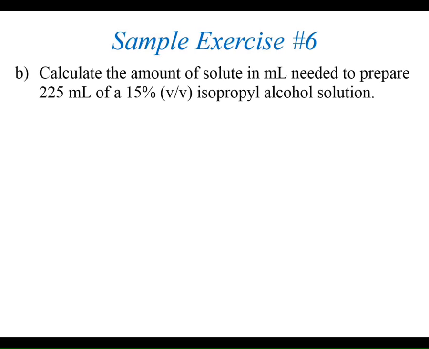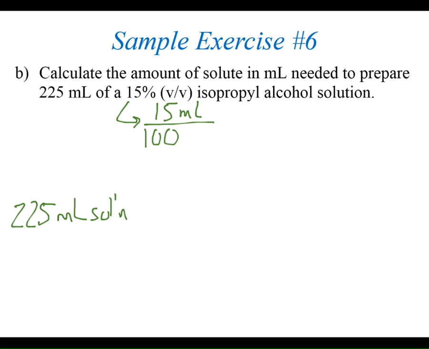So let's think about what we know. I know 225 milliliters of solution, put that down here. What does 15% mean? That means there's 15 milliliters out of every 100 milliliters, right?